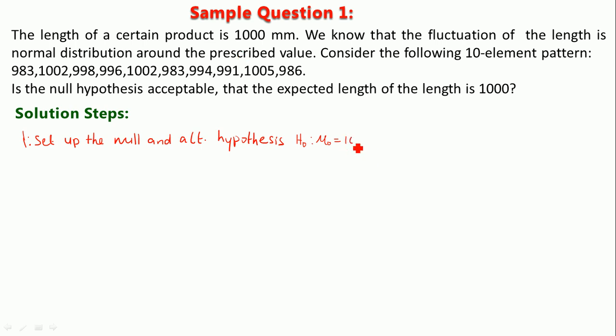Now the alternate hypothesis is simply something that the null hypothesis is not. It's always opposite of the null hypothesis. So the alternate hypothesis says that the average length is not 1000. So this is how to represent it. So this is your first step: set up the null and the alternate hypothesis.